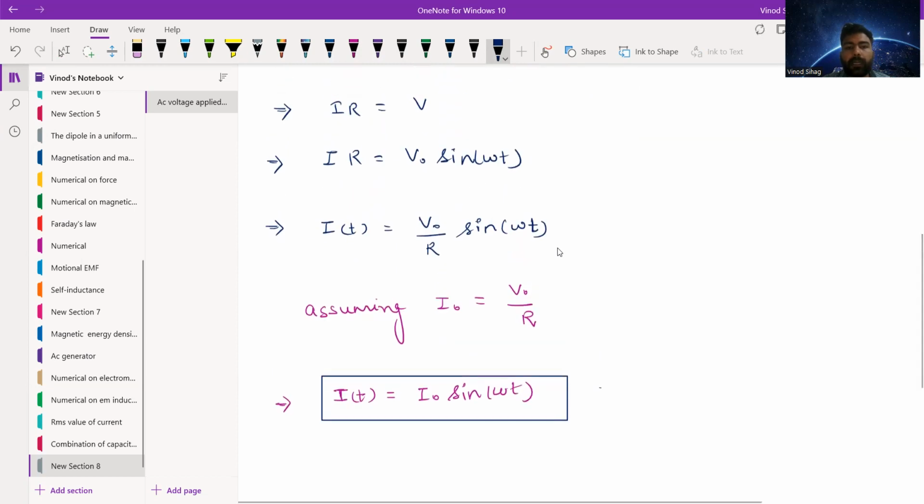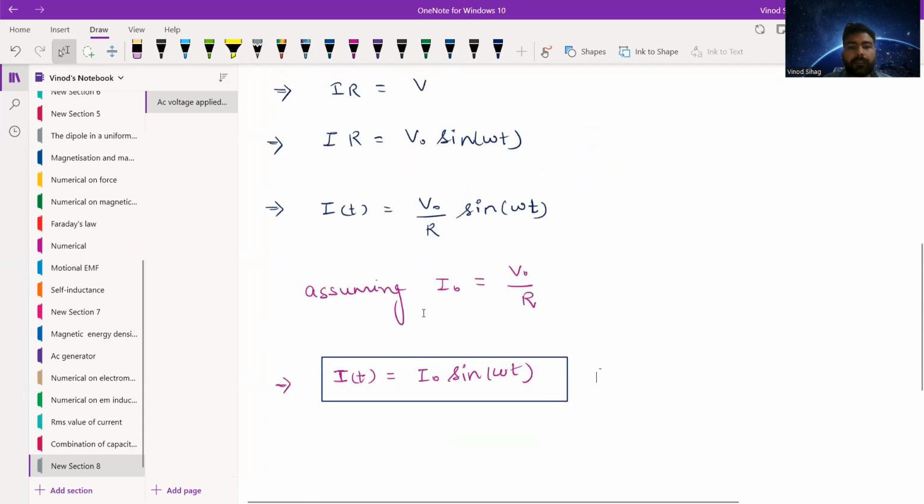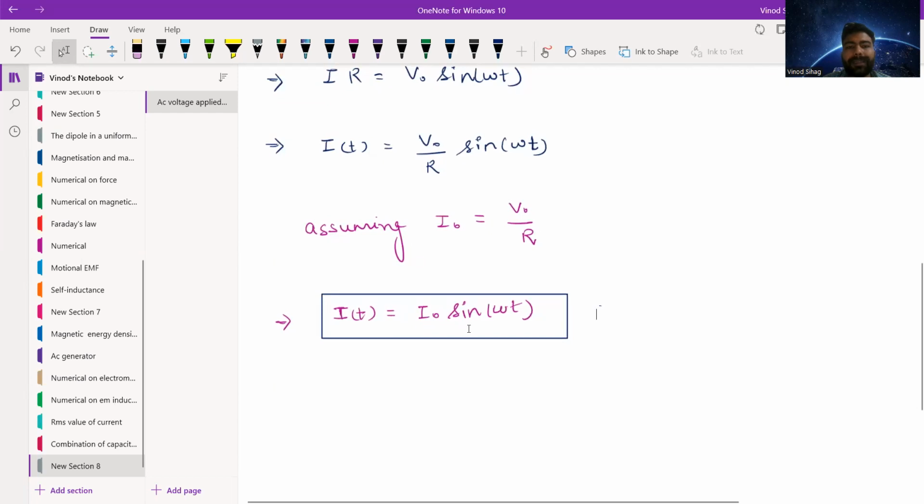The only difference is the amplitude. In case of voltage, the amplitude is V naught, and in case of current, the amplitude is I naught, which is V naught upon R. So their graphs will be sinusoidal, but their amplitudes will be different.